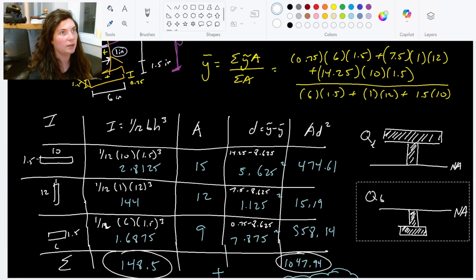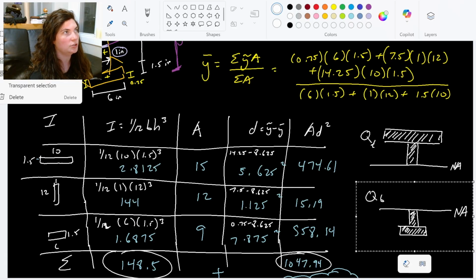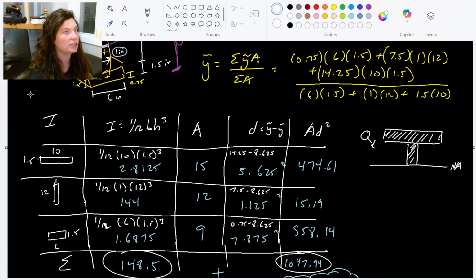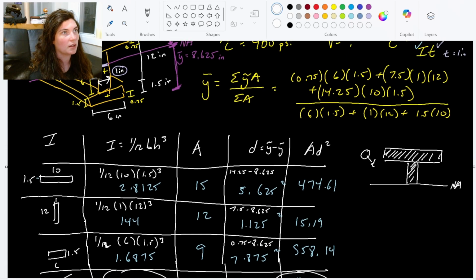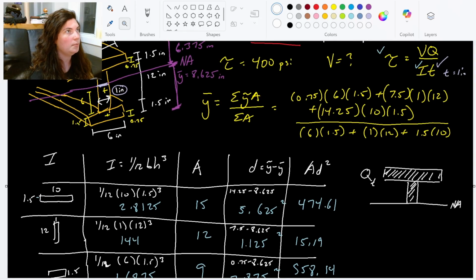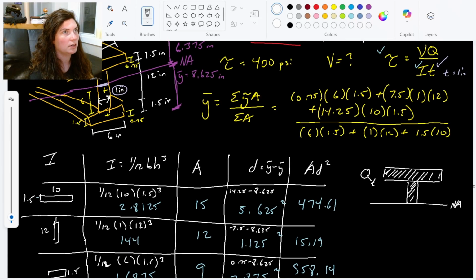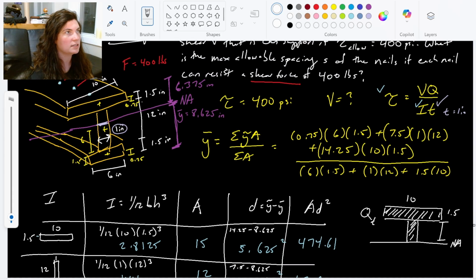We're going to get rid of this one. The larger Q is given from the top section here. So this is our Q setup. We have 10 on top, 1.5 on the side here, and then this distance is 6.375 minus the 1.5 inch.